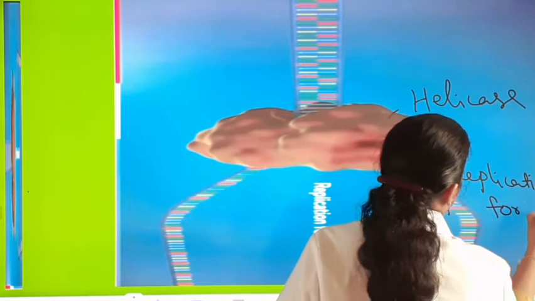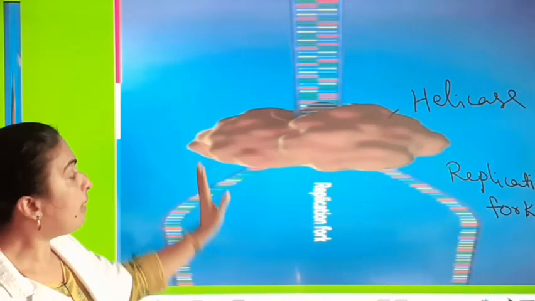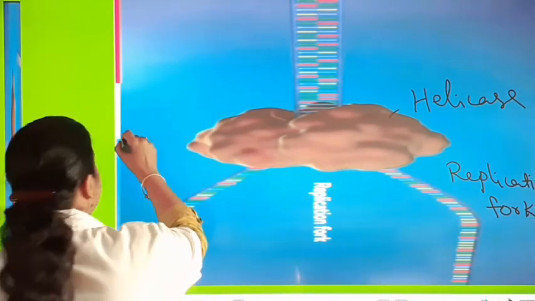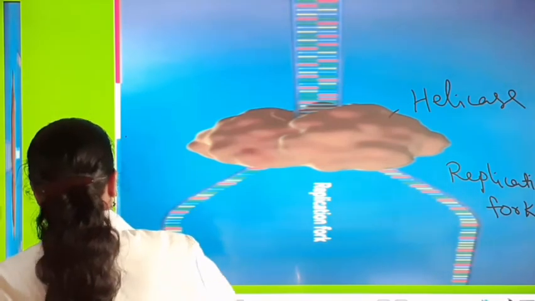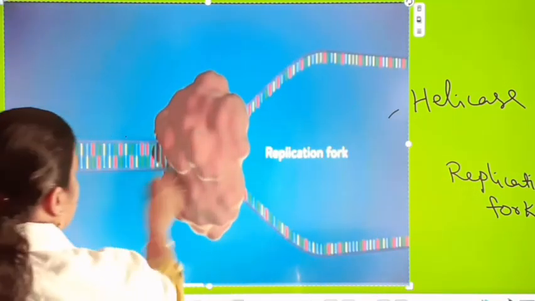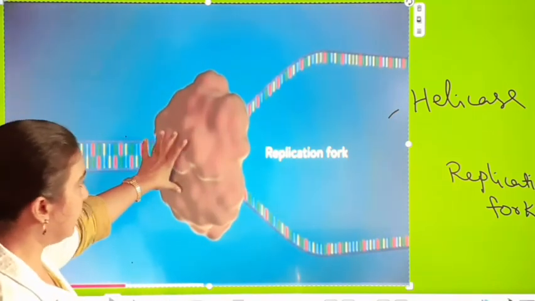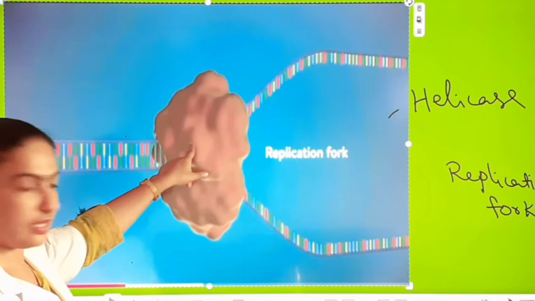The replication fork is formed by the helicase enzyme by separating the two strands, and these two strands act as template strands. So this is the replication fork made by the helicase enzyme.